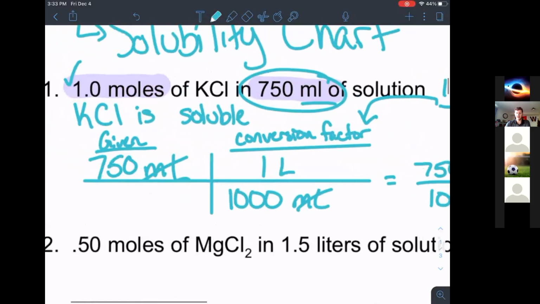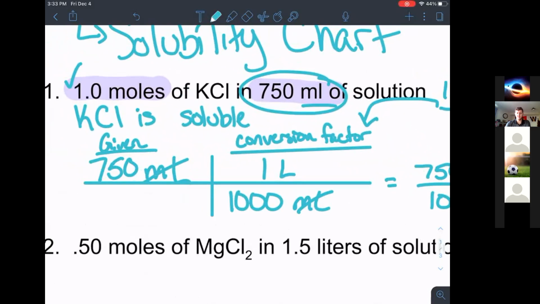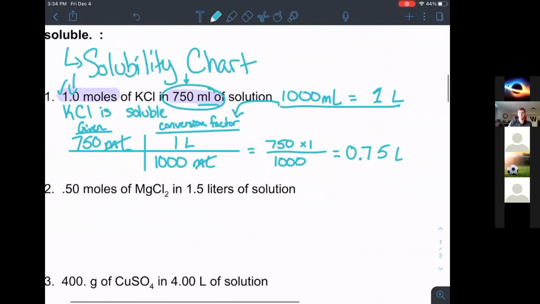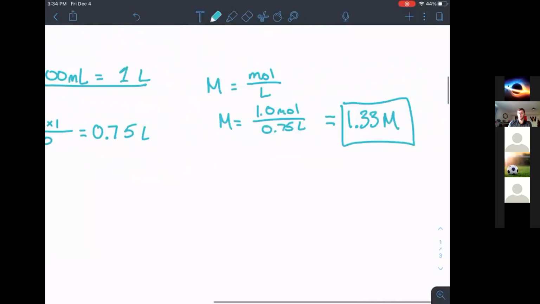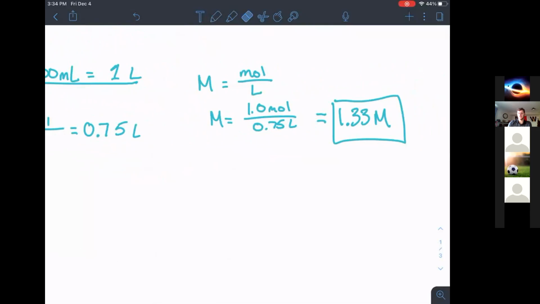Let's check again. So we have how many for our moles? 2. And how many for our milliliters? 2. So how many should we have in our answer? 2. All right, so let's change that to 2 significant figures, and we are done. Any questions?